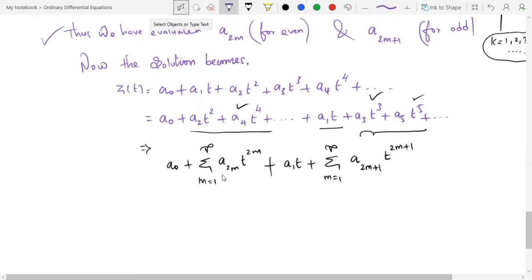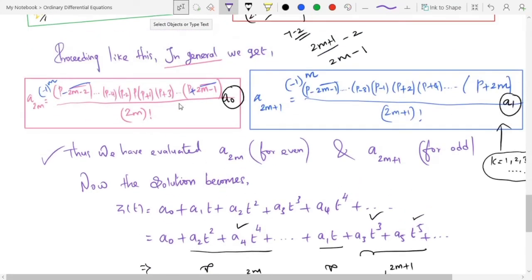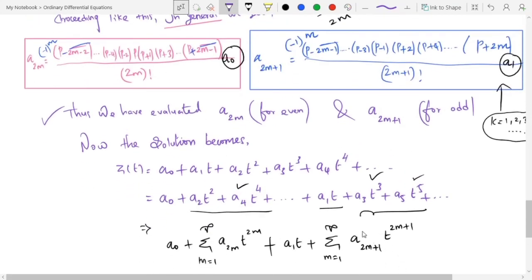By substituting the general derived result for A2m from above, and similarly for A2m plus 1 from here, we get A2m in terms of A0. So now it will be replaced by the lengthy term with A0. A0 is common to the first two terms, so we can take A0 as common.